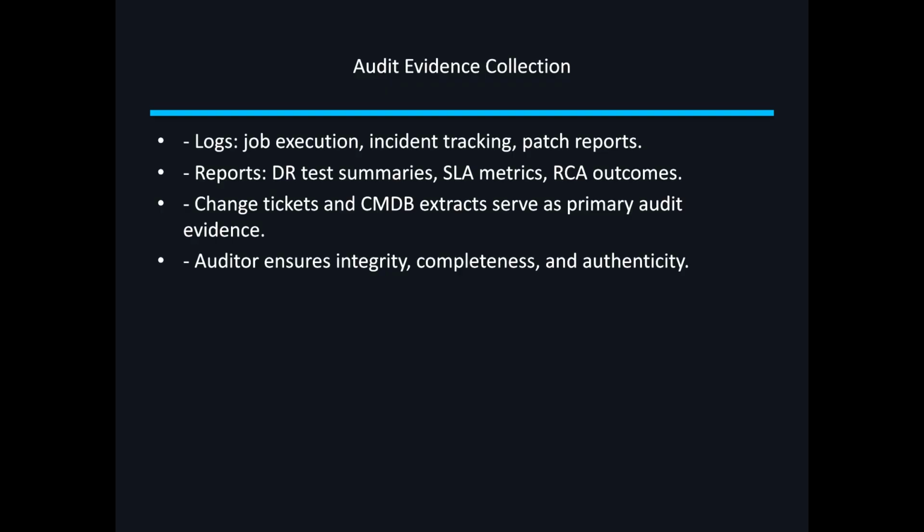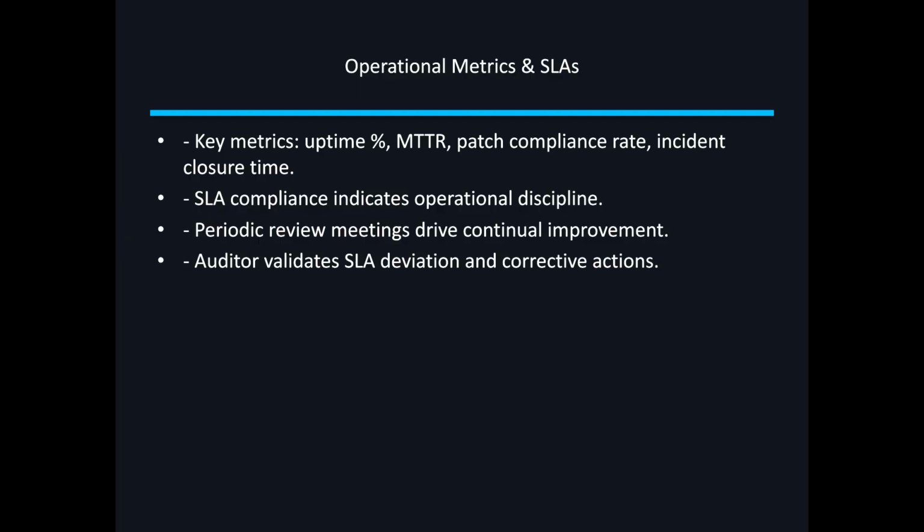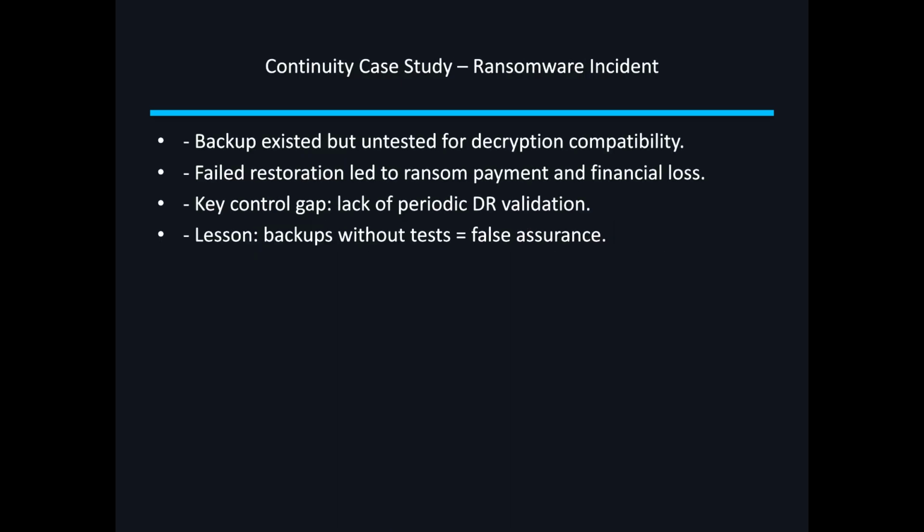Expect scenario questions requiring identification of missing evidence or ineffective control validation. ISACA emphasizes auditors' ability to connect control weakness to potential operational or continuity risks. Okay. So, domain 4 bridges the gap between governance and execution.